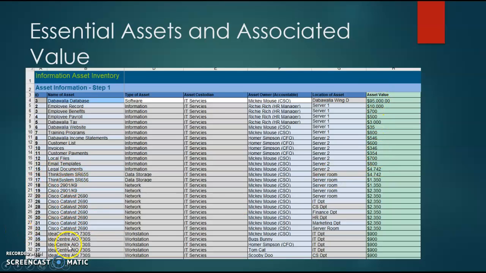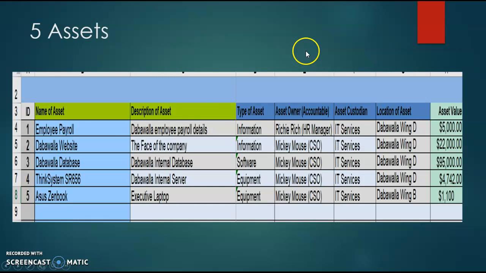We have our physical assets with their values accordingly. The 5 major assets that I'm going to talk about in this video are the employee payroll, the Dabbawala website, the Dabbawala database, the Dabbawala server, which is the ThinkSystem SR655, and the ASUS ZenBook, which is owned by the executive.